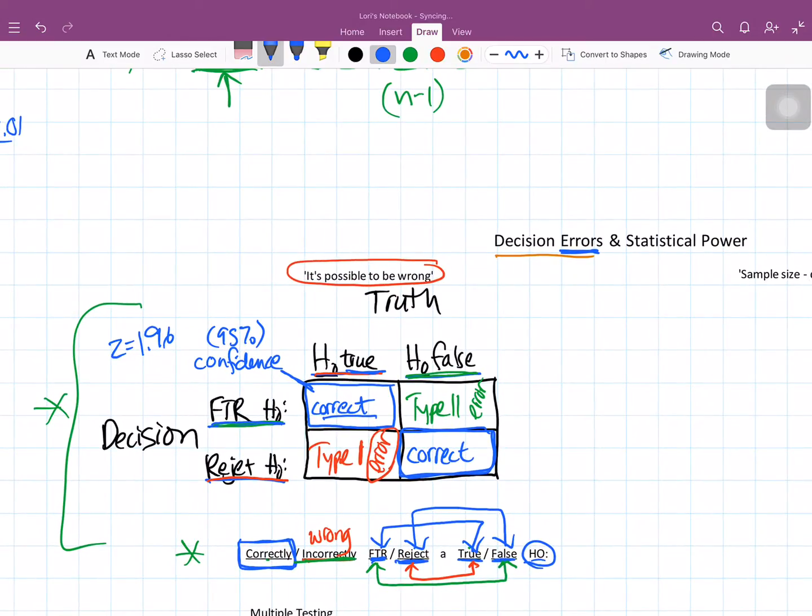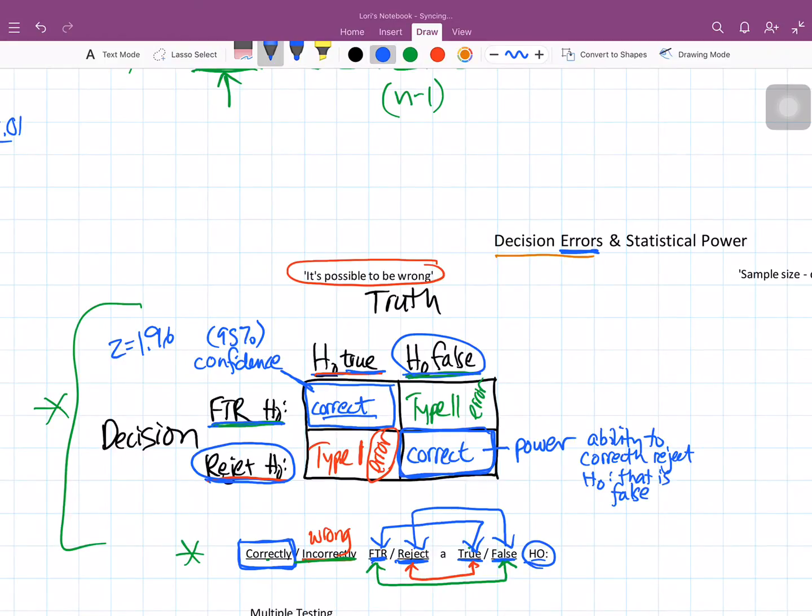Over here on the right-hand side, this is a new concept for you. This is called power. We often say it is our ability to correctly reject a null hypothesis that is false.